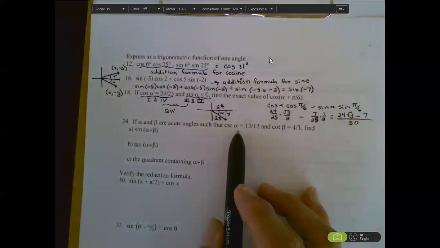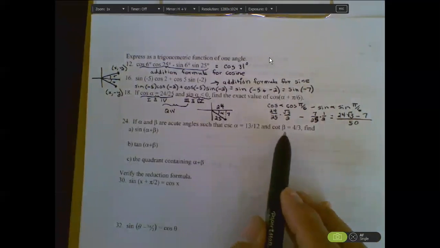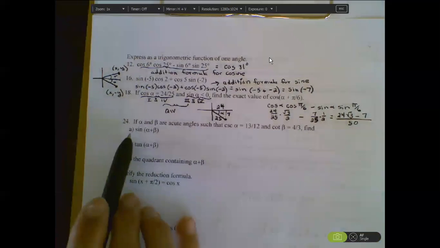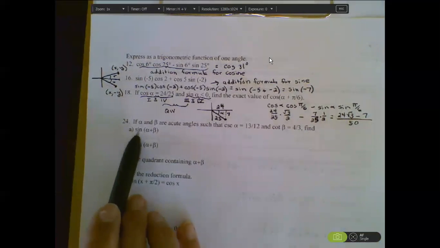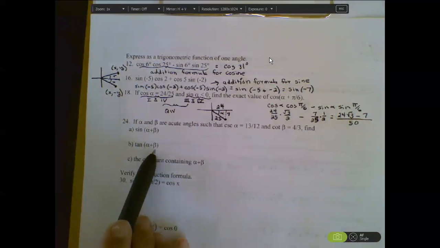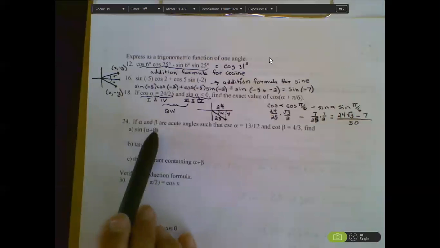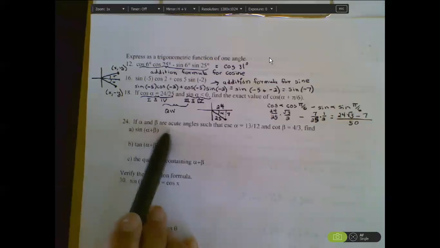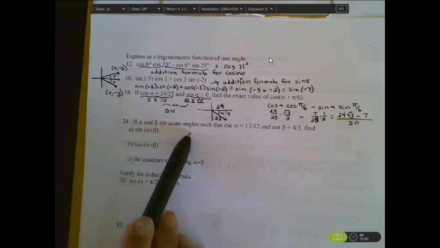So I don't know exactly the degree or the radian measure of alpha or beta, but somehow I'm supposed to find the sine of alpha plus beta and the tangent of alpha plus beta. The only other thing that I know about alpha and beta is they're both acute angles. What's important about that? What does that tell me?